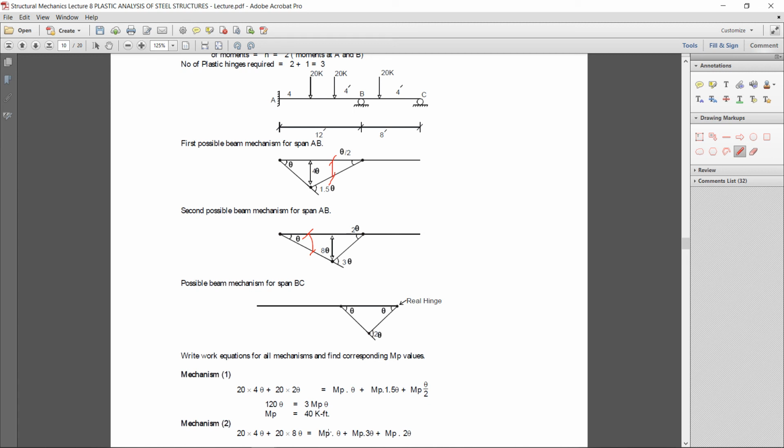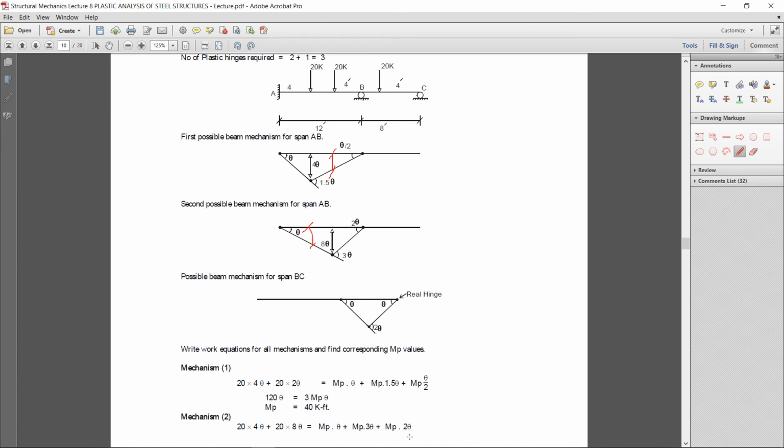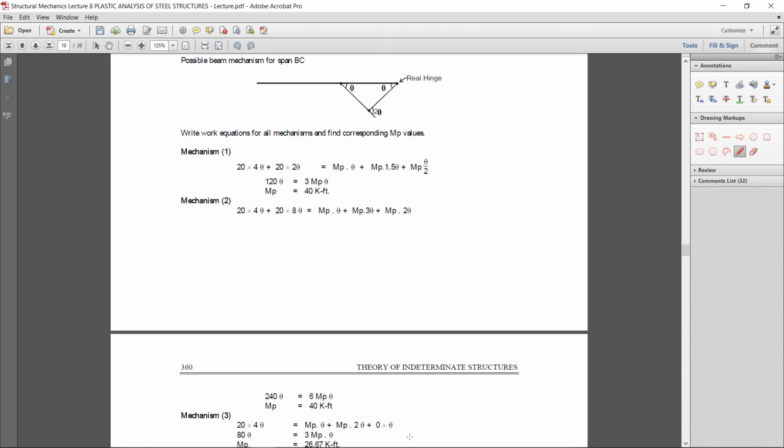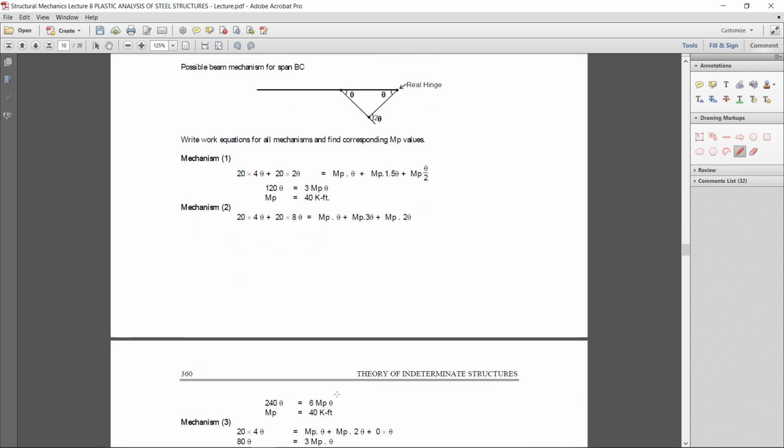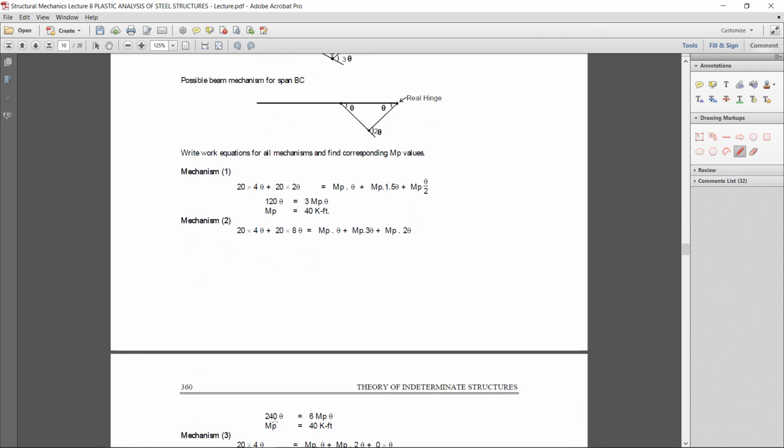So here Mp into theta, Mp into 3 theta, Mp into 2 theta, so total will be 6 Mp theta on the right side and 240 theta on the left side. So the Mp value, the maximum plastic moment, you are getting is 40 cubic feet.